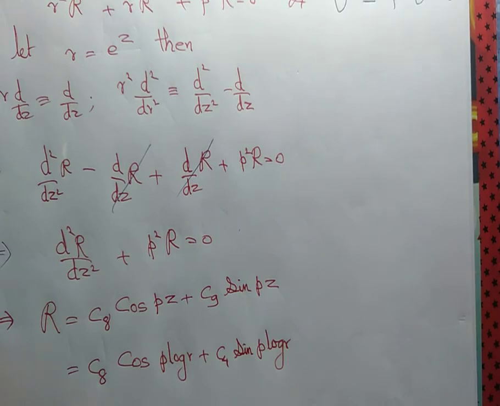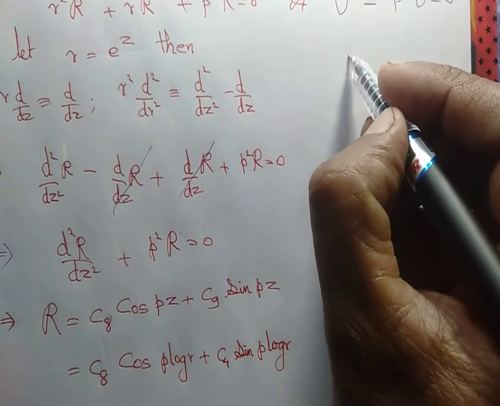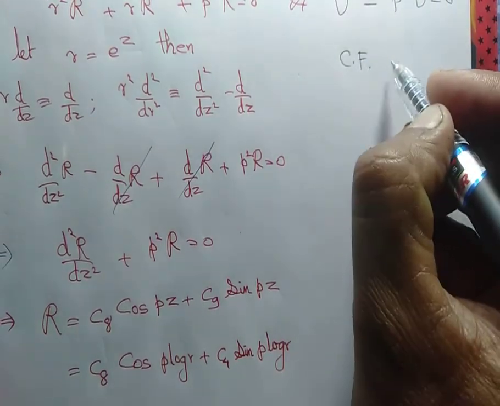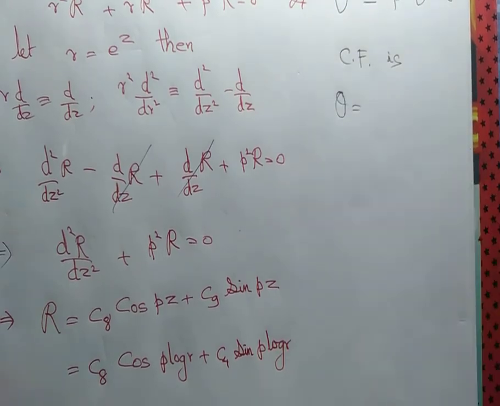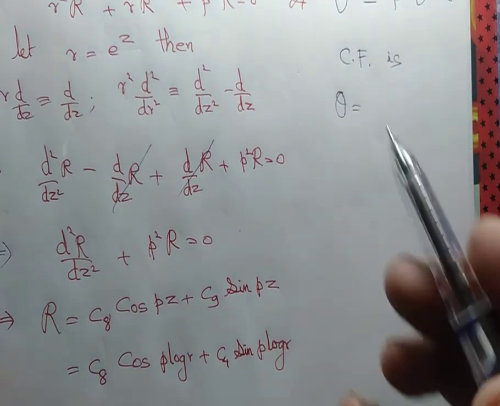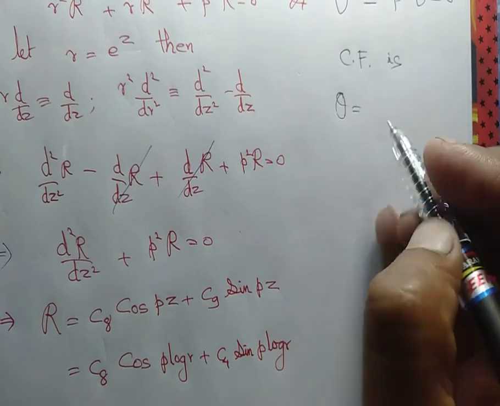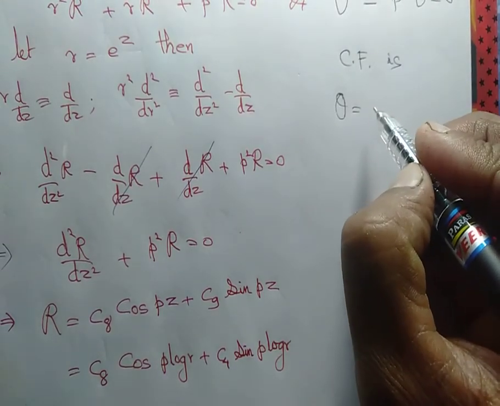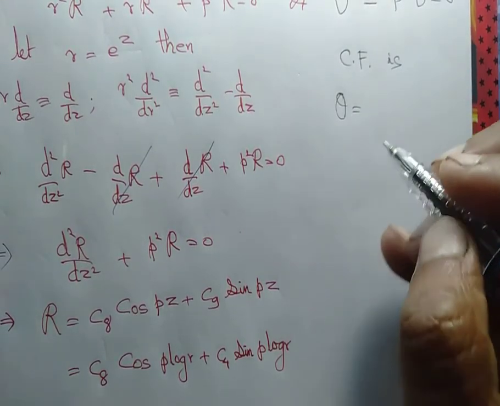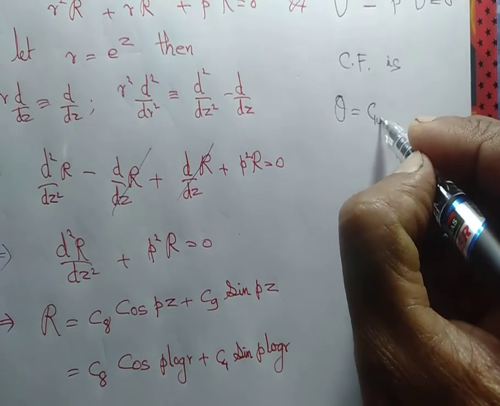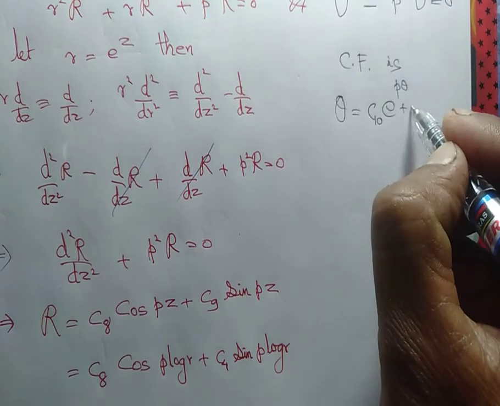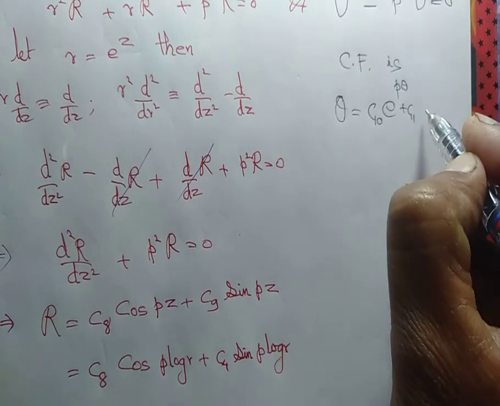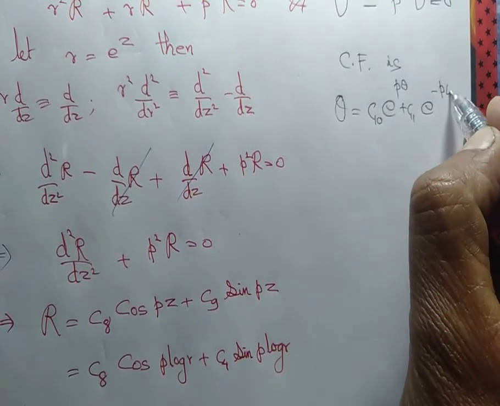What about theta? Well, here you have complementary function, your theta equal to, d square minus p square equal to 0, so d equal to plus minus p, so you have C10 e to the power p theta plus C11 e to the power minus p theta.